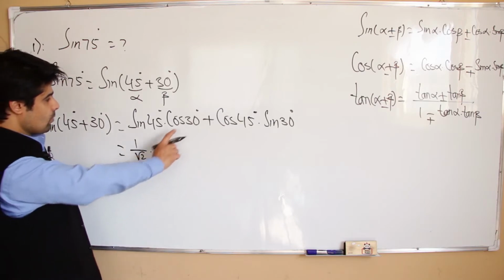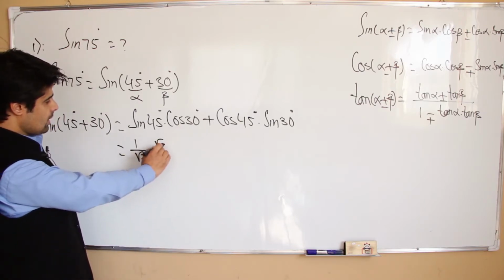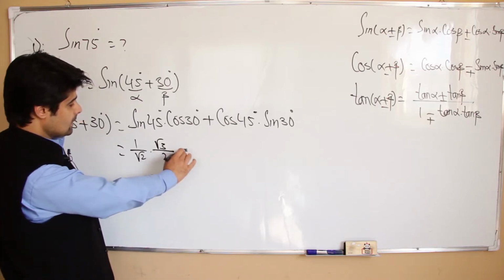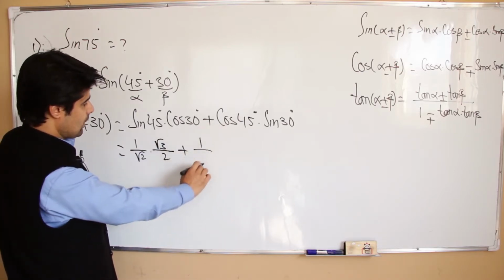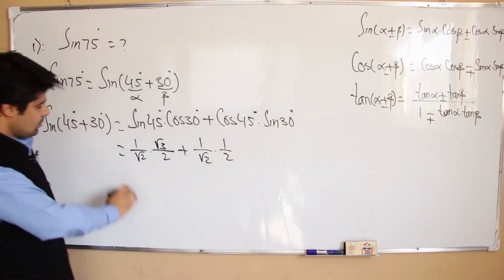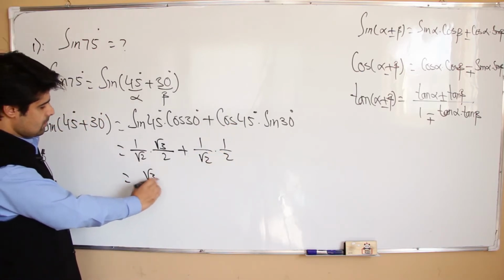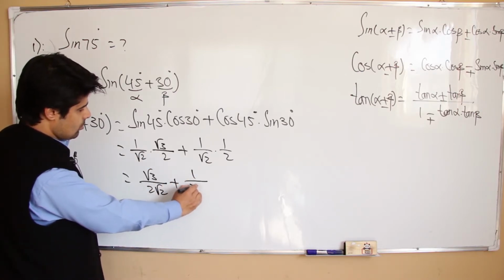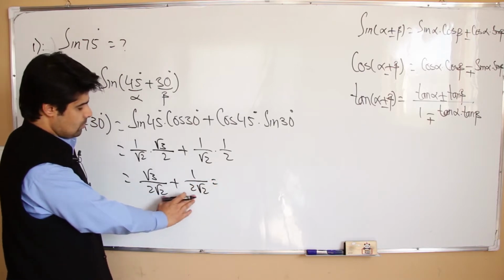Simple. And what is cosine 30? I think this one is root 3 by 2. Plus, in here, this one is 1 by root 2. And sine 30 is 1 by 2. Now, you can simplify, it is root 3 plus 1 over 2 root 2. Now, what do you have as the factors?